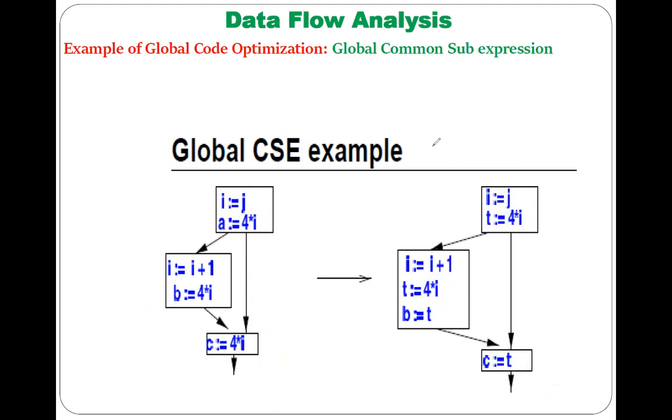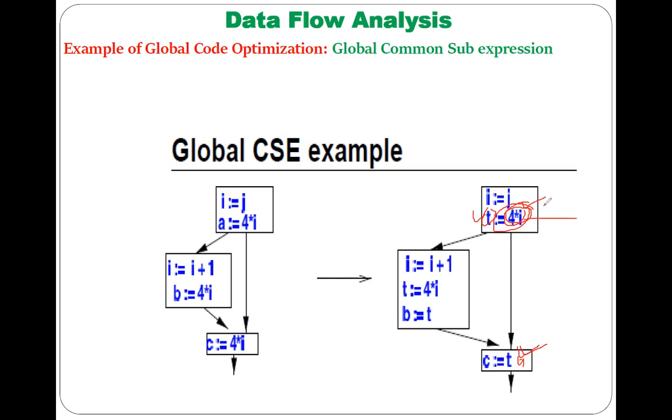And to do that, you can simply utilize the concept of available expression. The expression 4 into I is said to be available at this point because the value of I and 4 remains the same here. That is the reason you are assigning the temporary variable to this expression, and instead of writing 4 into I here, you are directly writing T, because the operands of 4 into I remain as they are.